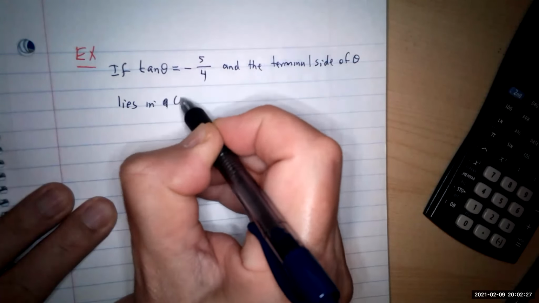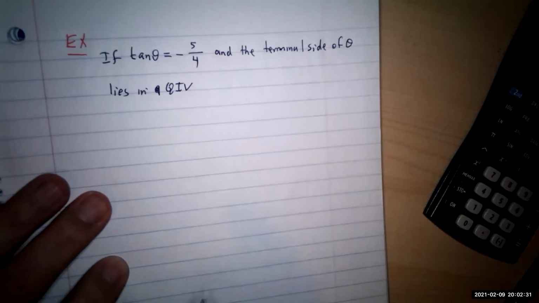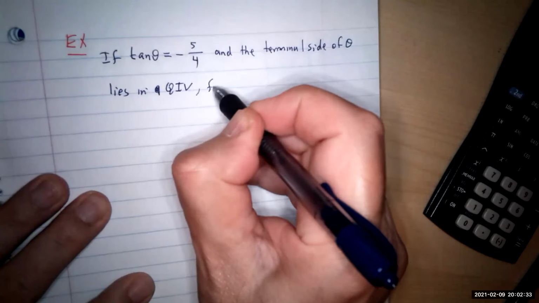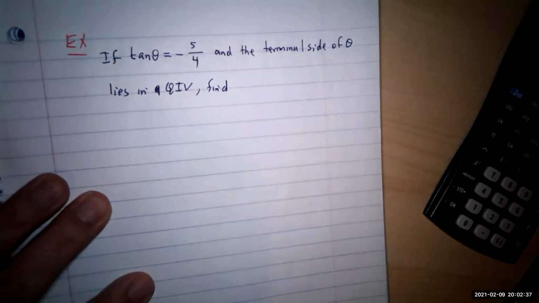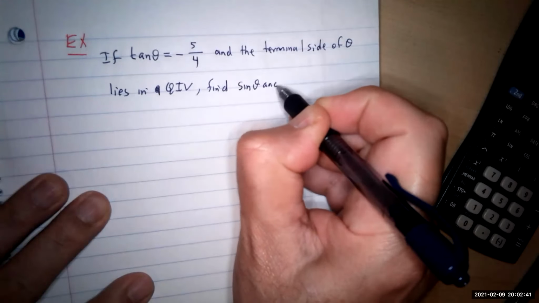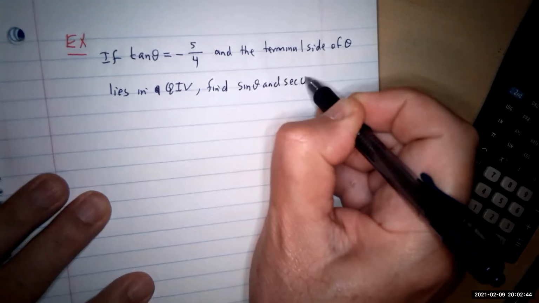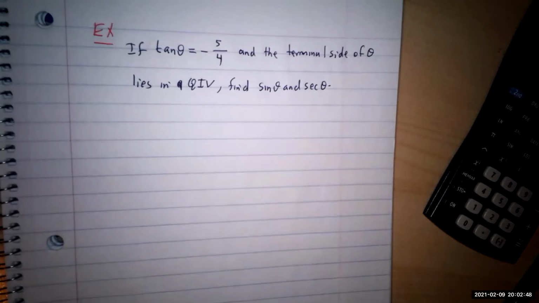That's it, quadrant 4. Then they ask you to find the sine of theta and the secant of theta. It's a type that you have in your book. Again, we stay with the tangent, which is more involved, just to make sure you understand it.